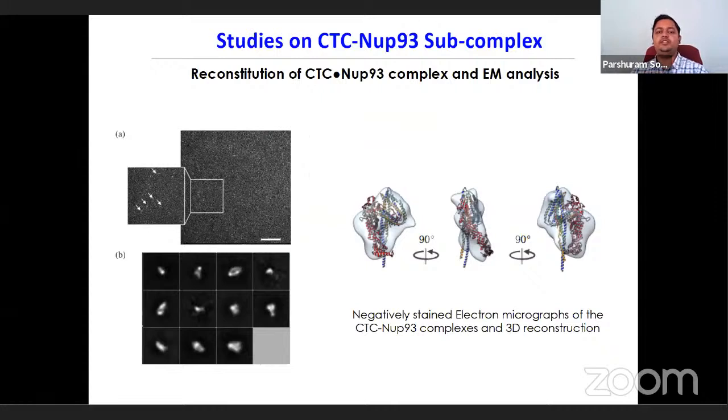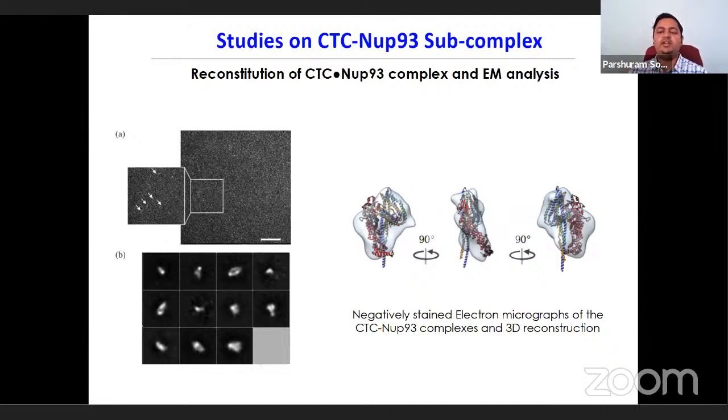So next, we took these purified complexes with full-length 93 and did something called negative stain electron microscopy. This is a relatively new field where people have started using electron microscopy methods to determine structure, which has some advantages over X-ray crystallographic methods, although these methods also have challenges, like the ones we have faced.